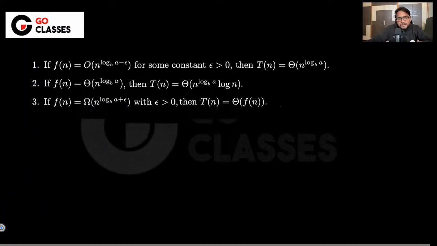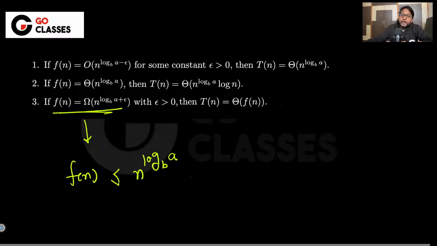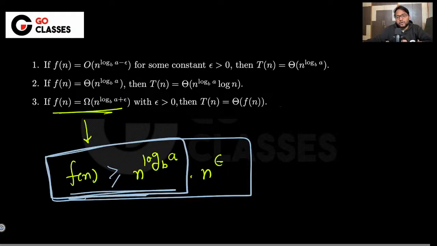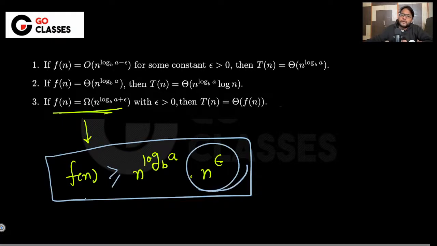They say f(n) should be greater than or equal to, this is big omega, n power log base b of a, and not just this, but into n power epsilon. So f(n) is not just greater than or equal to this, it is greater than or equal to n power something more also. Then this is called polynomially greater.